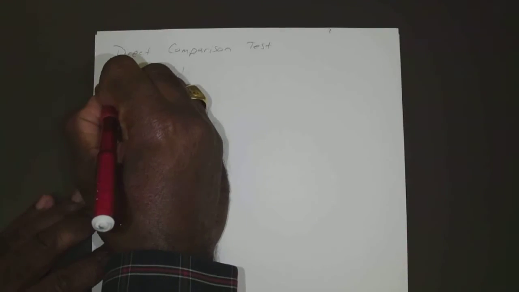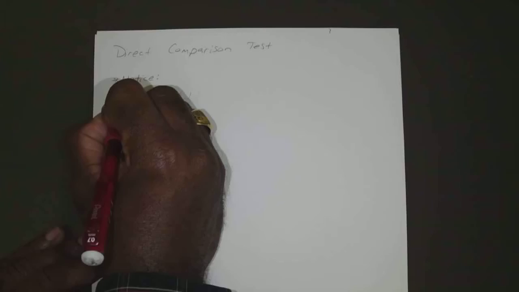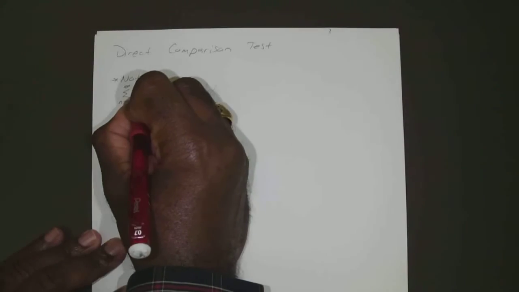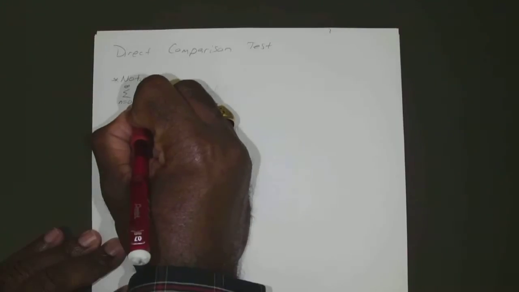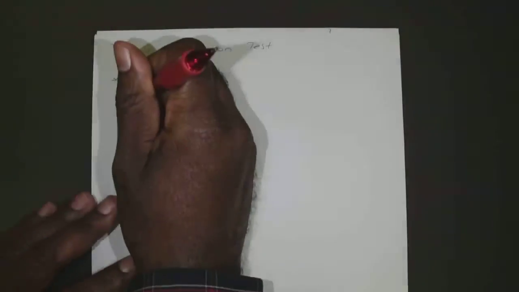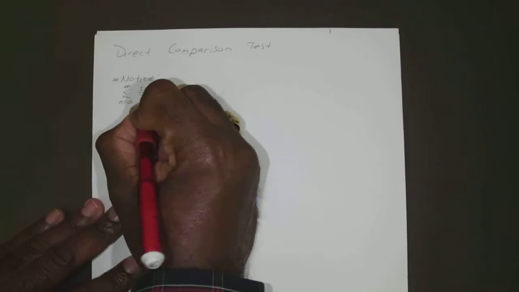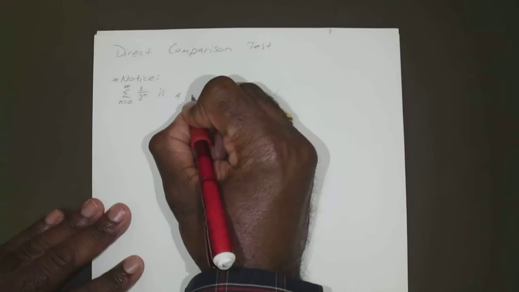Let's say we just want to notice, based on the previous tests we've used so far, that the sum from n equals 0 to infinity of 1 over 2 to the power of n is a geometric series.